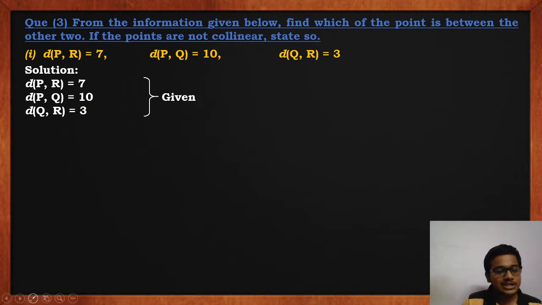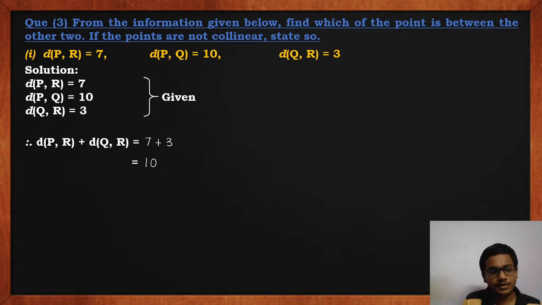Now, apart from the largest distance, whichever two other distances are given, we'll add both of them. So we'll add distance PR plus distance QR in the next step. Distance PR is 7 plus distance QR is 3, 7 plus 3 equal to 10. Correct?